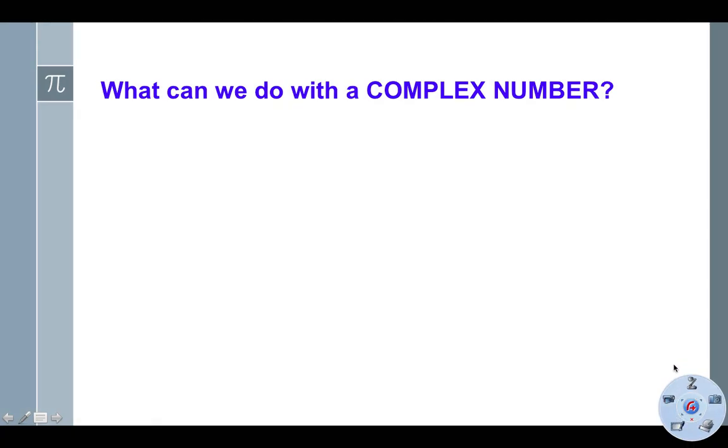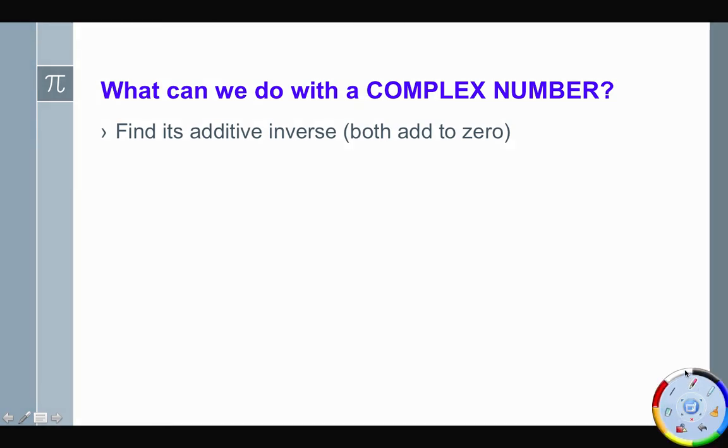A couple more things that we're going to do with complex numbers. Now, complex numbers is kind of a deep thing. We can do a lot of things with it. One, we can find its additive inverse. An additive inverse is two things that will add to 0. So 3 and negative 3 will add to 0.